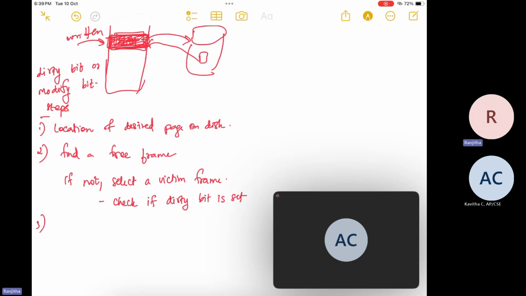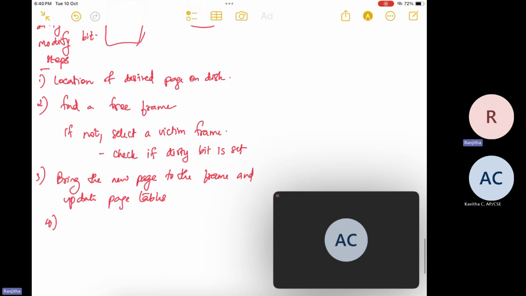Now after that, bring the desired page into the free frame or the chosen frame and update the frame tables accordingly. Update page tables accordingly. Fourth one is continue the process.